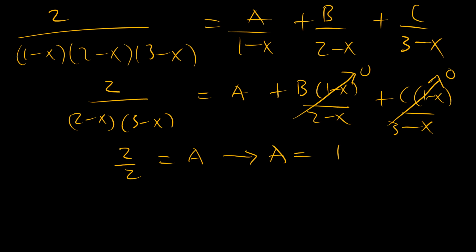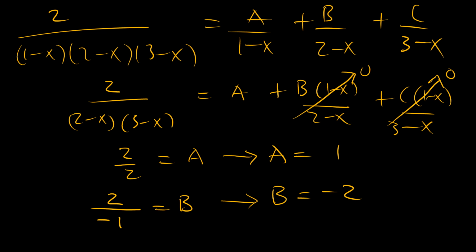And if we repeat the same for 2 minus x, what we have is 2 over 2 minus 1 is 1. 1 minus 2 is negative 1. 3 minus 2 is positive 1. So we have negative 1 being equal to B, and therefore B will be equal to negative 2.